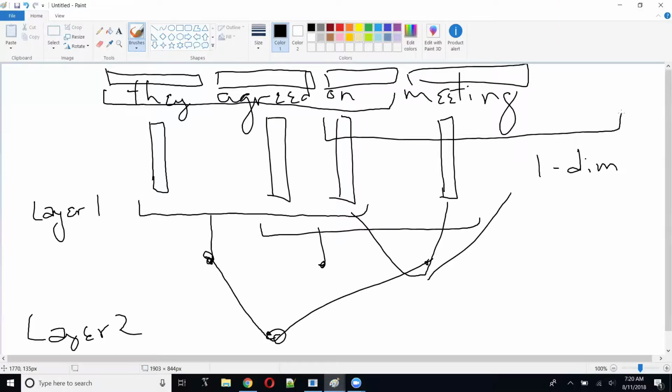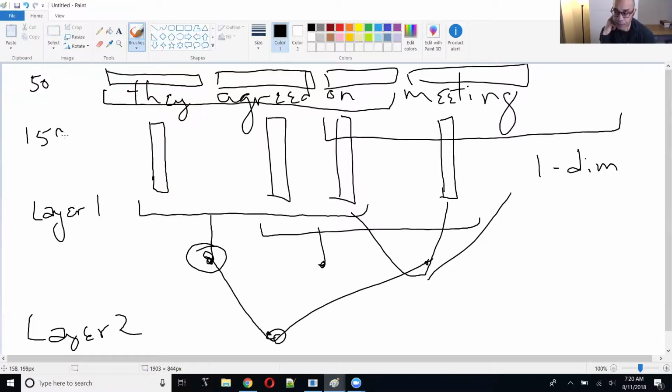Well, your window size is 3 words. So for example, let's say these embeddings are like 50 neurons or 50 feature embeddings. So in this first neuron here, its field of vision is really 150 input lines. Got it.